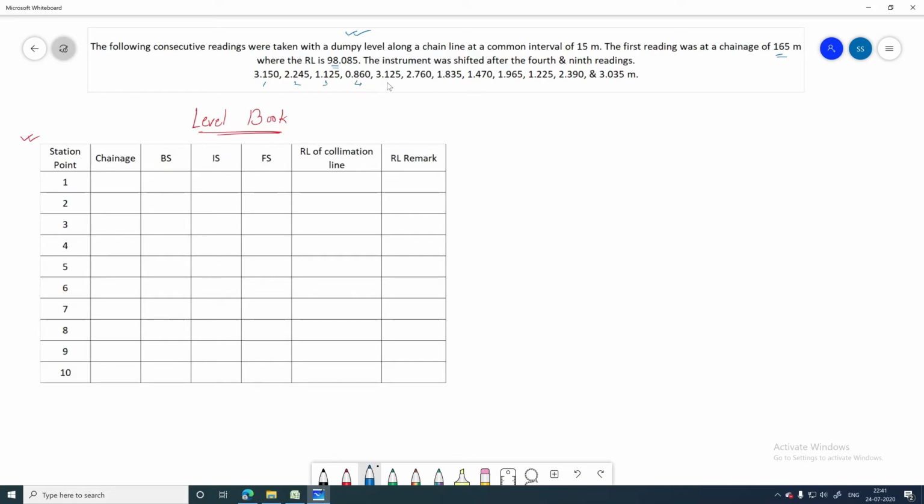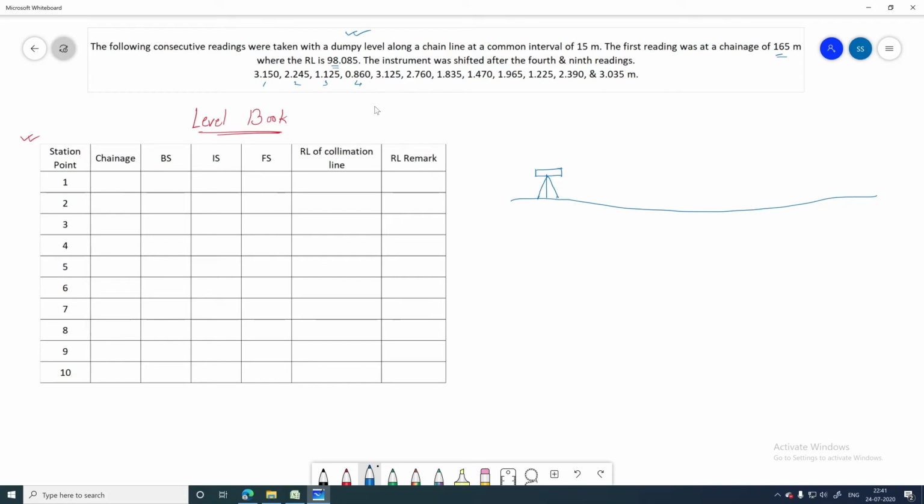Using the first instrument station, let's draw the diagram and it will be much easier to understand. Suppose this is the land surface. Initially I am placing the instrument station over here. The instrument was shifted after the 4th reading.